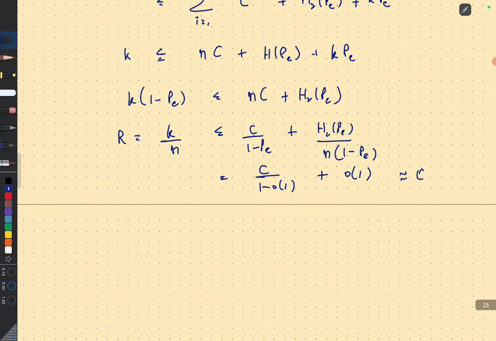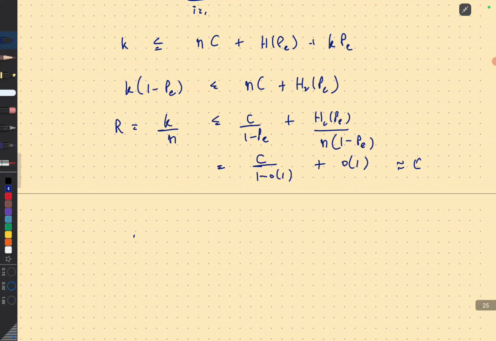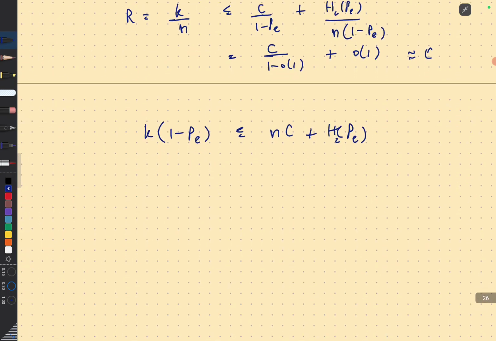in it. Another way of restating the last statement would be the following. So we have k times 1 minus PE less than or equal to n times C plus the binary entropy of PE. Now the binary entropy is always less than or equal to 1. Right?